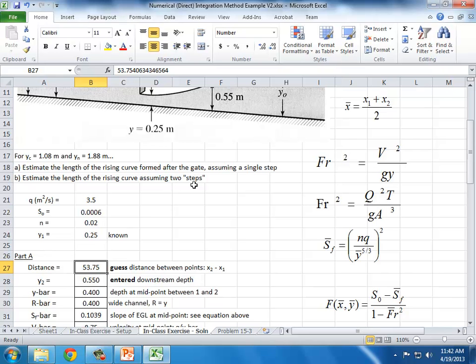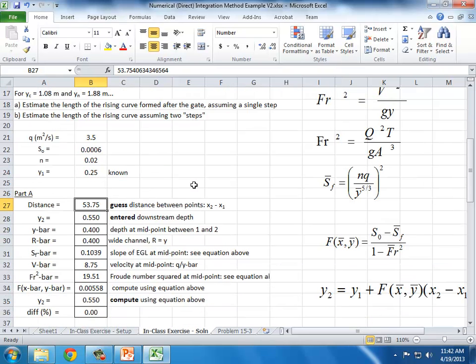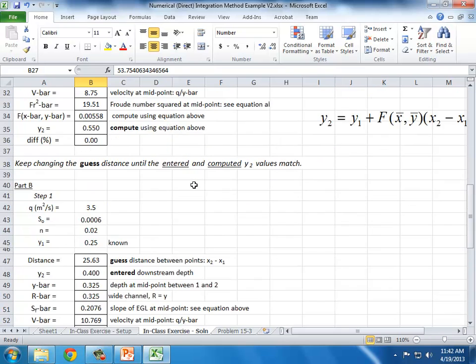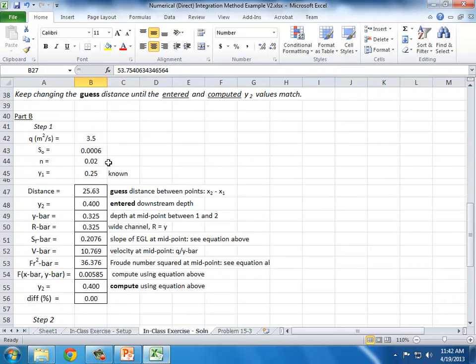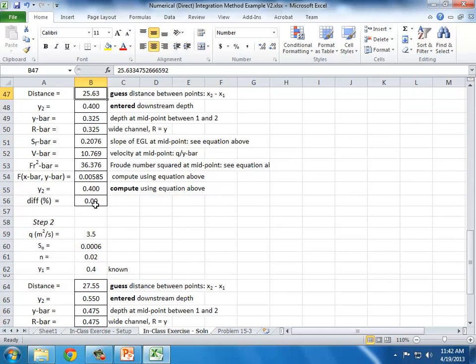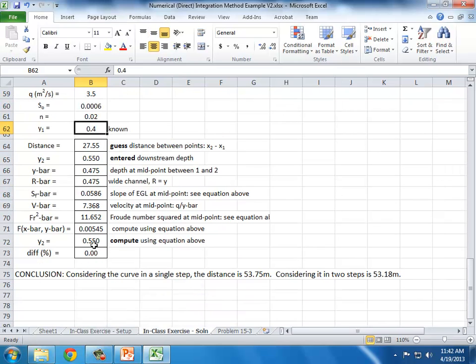What we can do is see if we get very much difference by doing it in 2 steps. So by breaking it up into 2 steps, I said we'll go from 0.25 to 0.4 and find that distance, and then go from 0.4 up to 0.55 and find another distance. Adding them together, the sum of the 2 steps is 53.18, and when we did it just in a single step, it was 53.75.